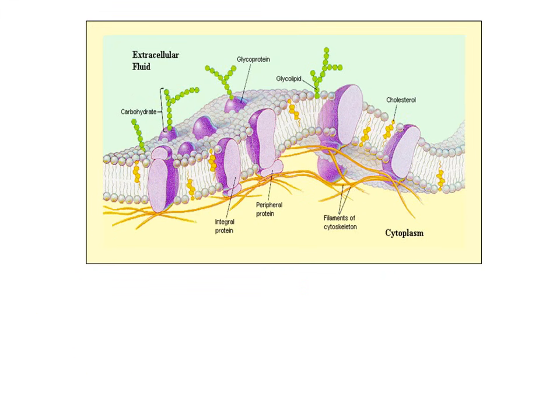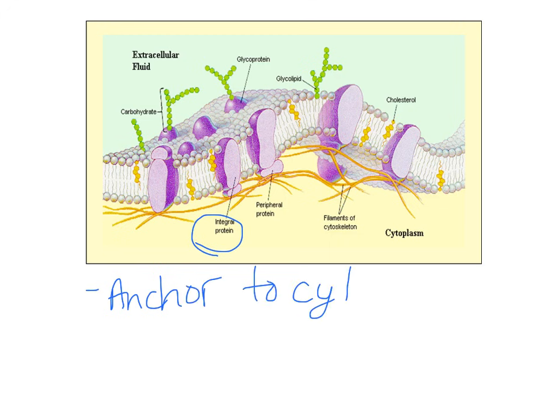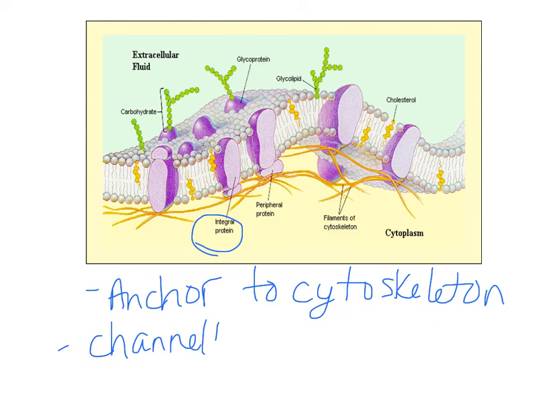We also have integral proteins. These span the entire length of the cell membrane, so you notice it goes all the way across. Some of them help anchor into the cytoskeleton, and so they help hold things in place. Some of them act as channel proteins, and so they allow molecules to pass through.